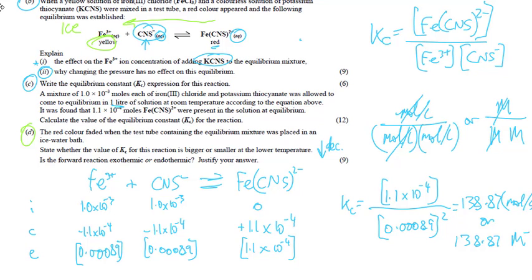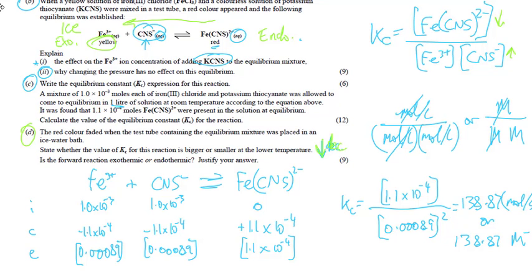When it was put in ice, therefore I know that this way is exothermic, and this way by process of elimination is endothermic. So at cooler temperatures, the Kc value would reduce because there'd be less of this iron thiocyanate formed. So this number would decrease, and these reactants in the forward reaction would increase. Okay, so this Kc value would decrease.